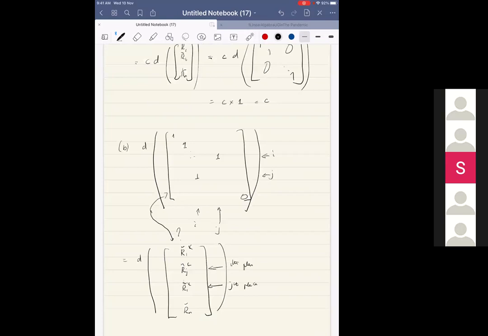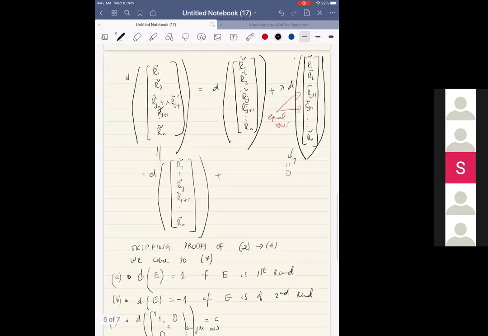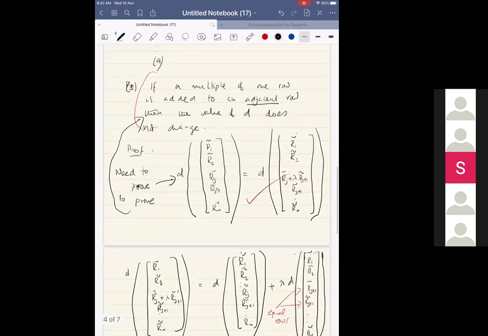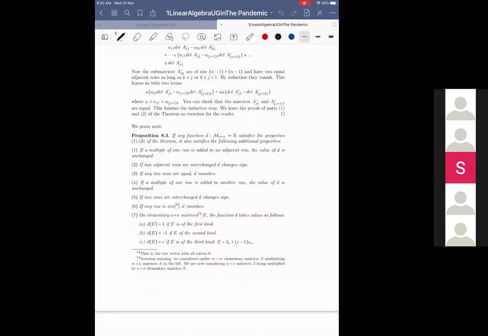But there is something that we've already proved. We are supposed to have proved properties 1 to 6, and property 5 says if any two rows are interchanged, D changes sign.